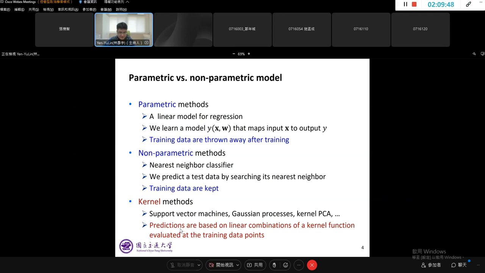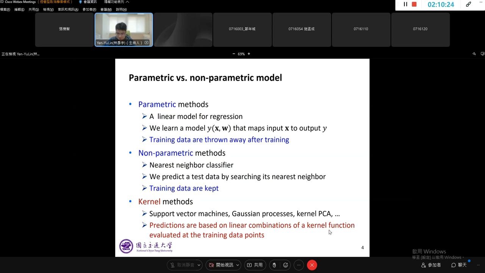The predictions of kernel methods are based on a linear combination of a kernel function evaluated at the training data points. If you are a beginner in machine learning, I guess most of you feel confused about this statement. But in the following lectures, we are going to talk about this statement formally and in detail.